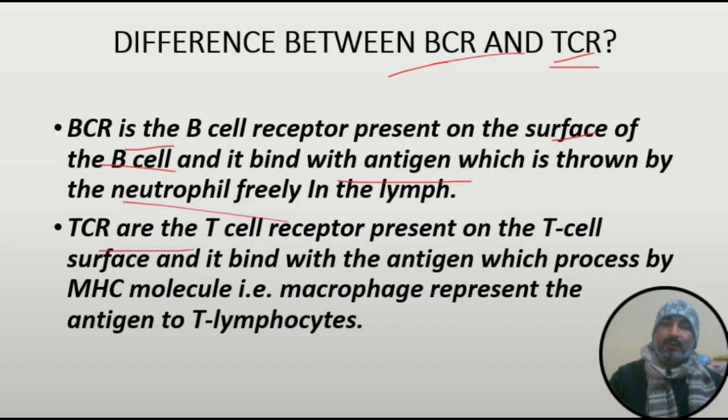TCRs are present on the surface of T cells. They bind with the antigen which is processed by MHC molecules, i.e. the macrophage presents these antigens to the T lymphocyte. It is easy, we already discussed these bullets previously.